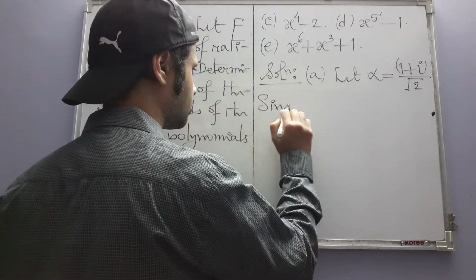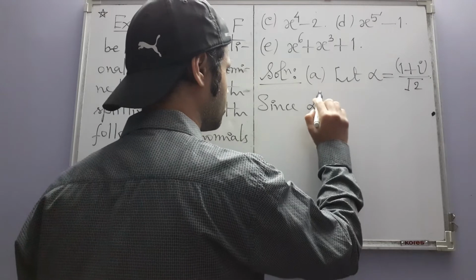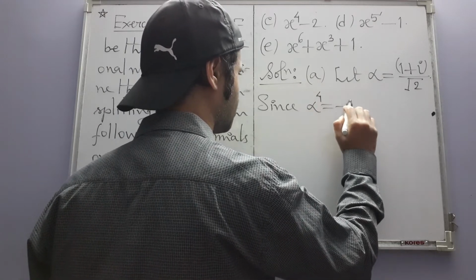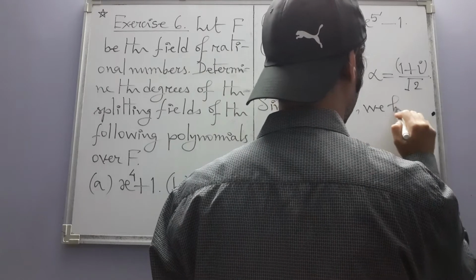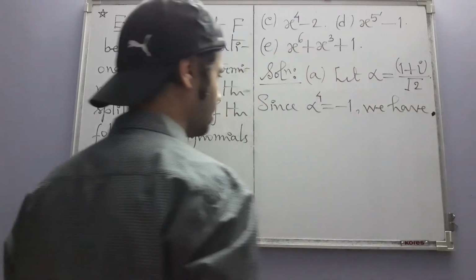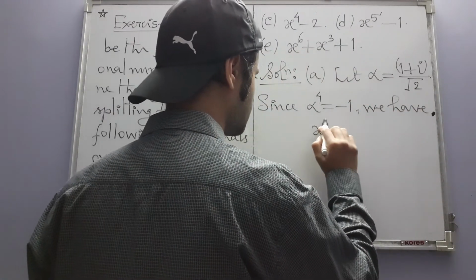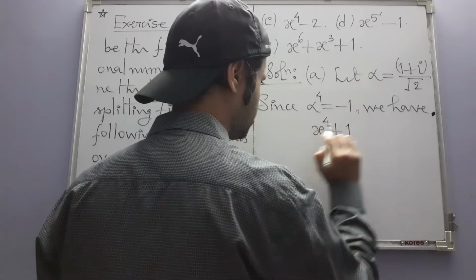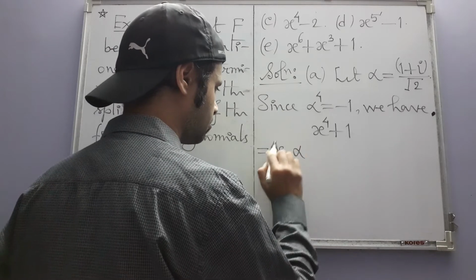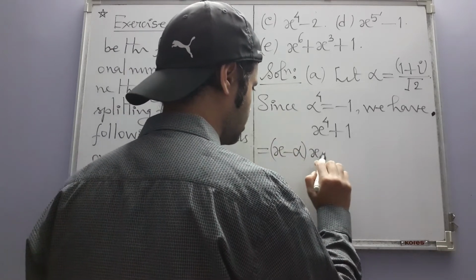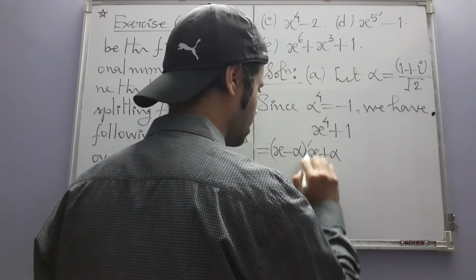Since the fourth power of alpha is minus 1, we have this factorization of our polynomial in terms of alpha.